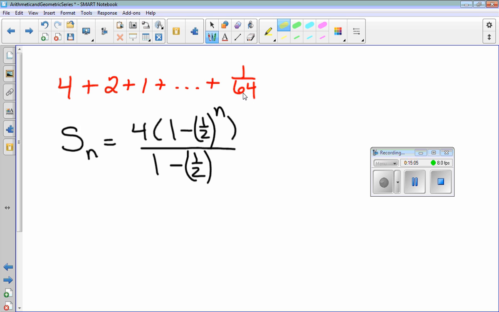The problem is that I don't know what that power is. I don't know what n is. I don't know how many terms there are. Well, there are a couple of different ways to do it. The shortcut way might be to just keep multiplying by 1/2 until I get to 1/64. Would that work for you? That's kind of the short way.